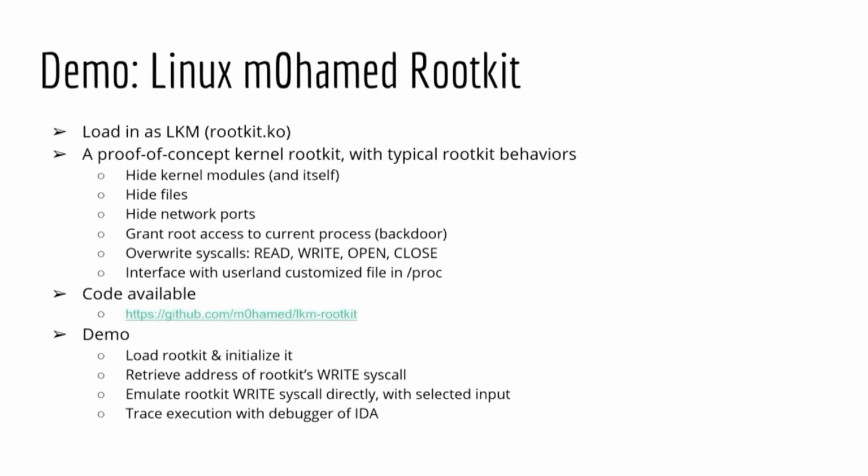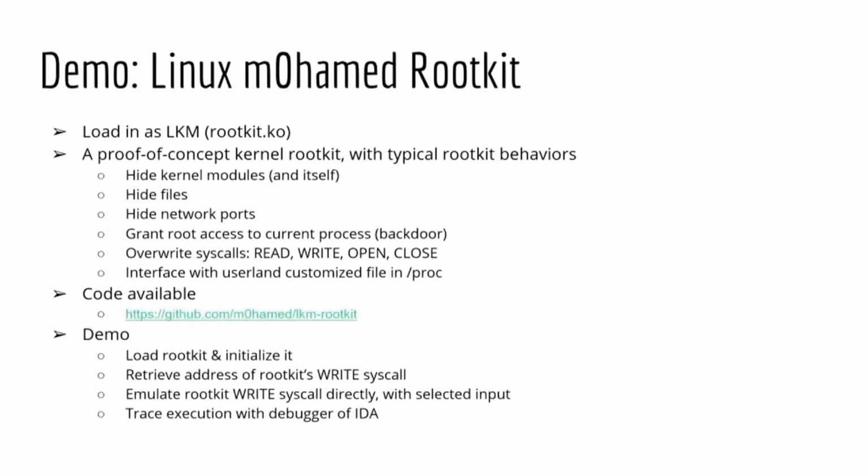So in this demo, we try to emulate this kernel rootkit, and to do that, Demigod will load the rootkit into memory, initialize it, and we try to extract the new system call made by the rootkit for the write system call.